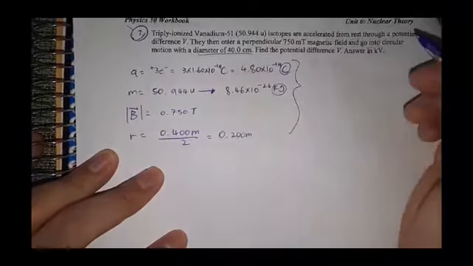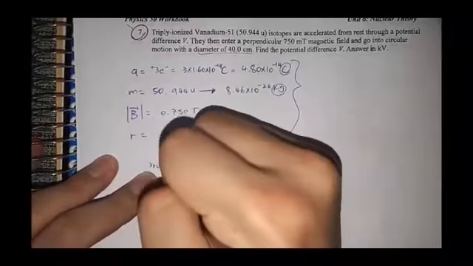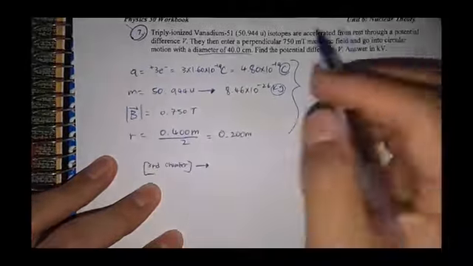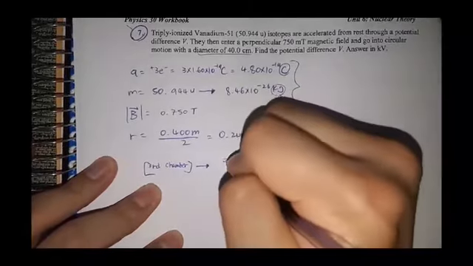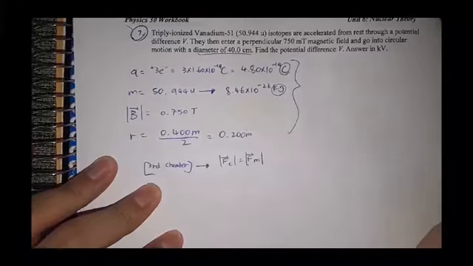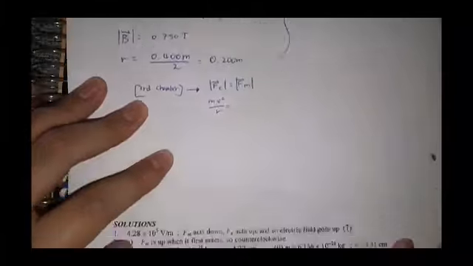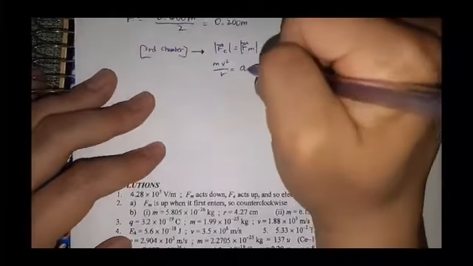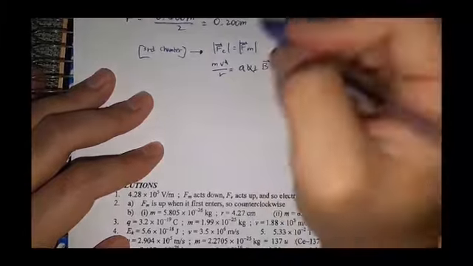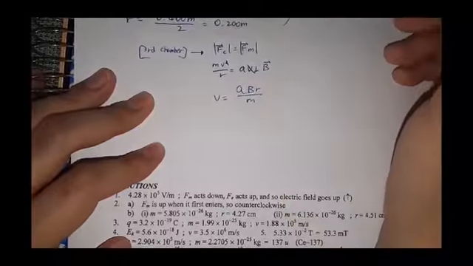So how can we use these clues? First things first, we need to go with the third chamber first, because we're talking about the relationship between radius, where Fc, the centripetal force, is equal to Fm, the magnetic force. Why is this important? Because mv squared over r combined with qvB, we can isolate in terms of speed, like this.